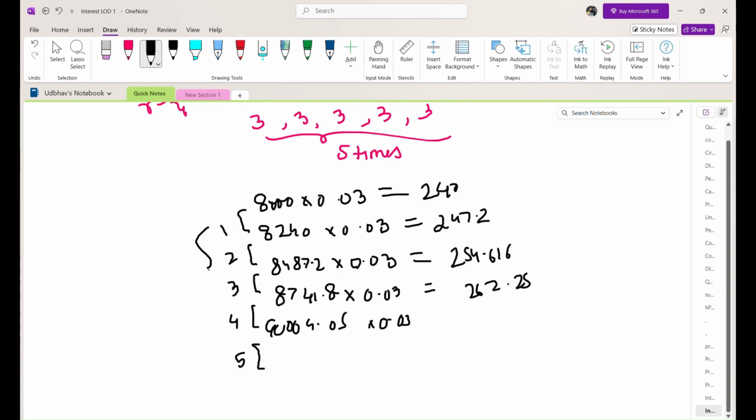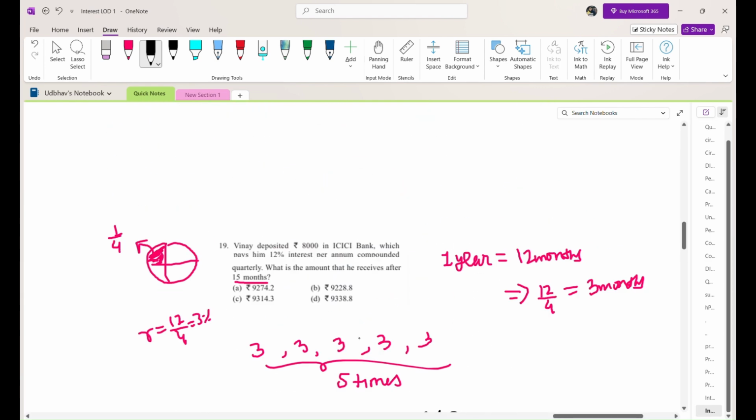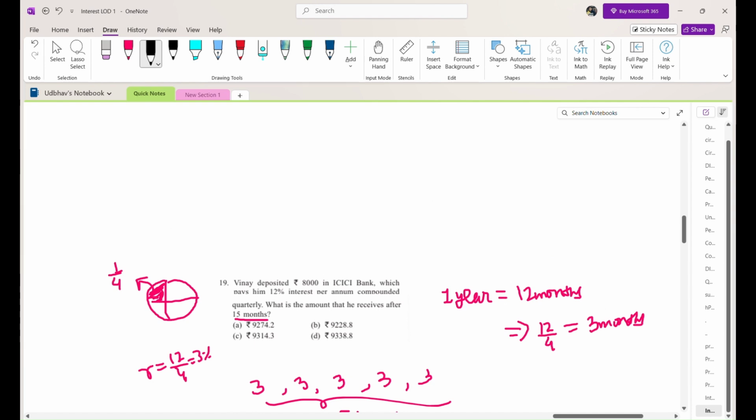So this total will be a time period of 15 months. This will give an interest of 270.12, and this will get added, so that is 9274. This is the closest answer, option number A.